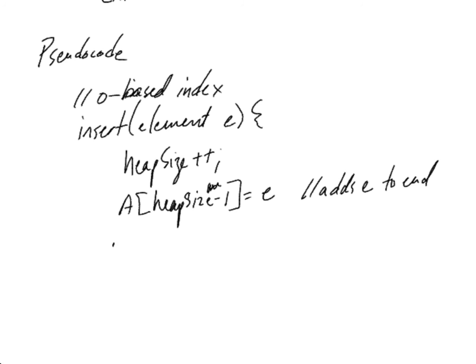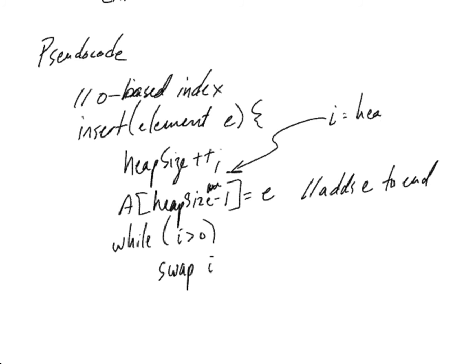So then, while I is greater than 0, we're going to swap. Let's say I is heap size - 1.